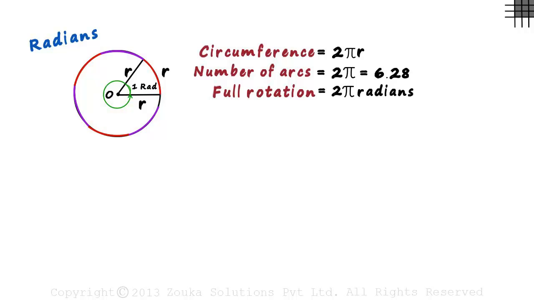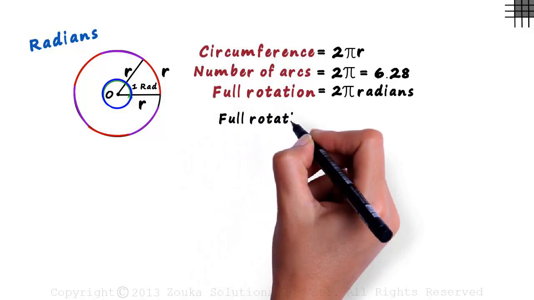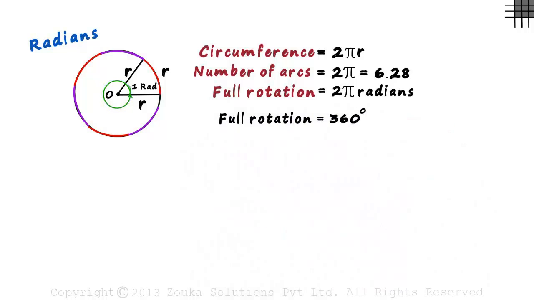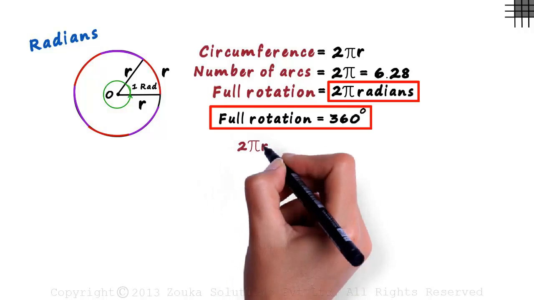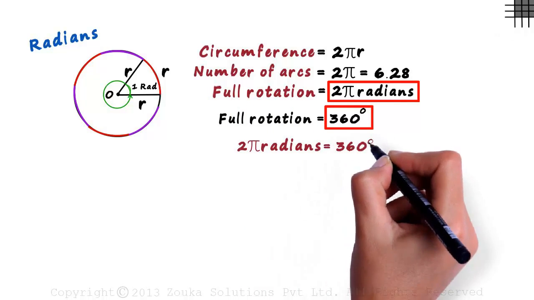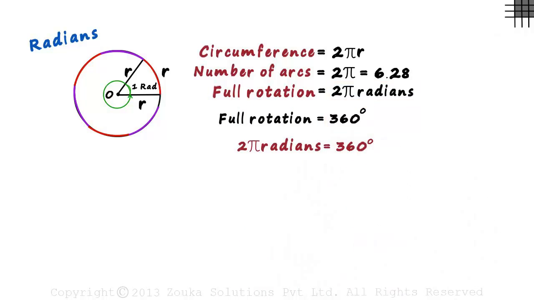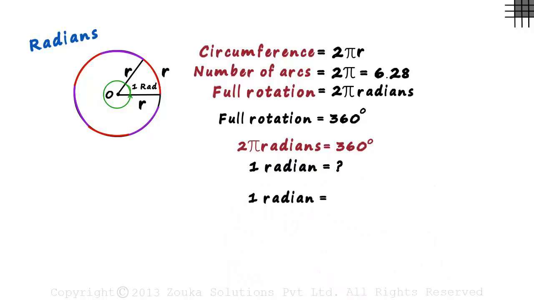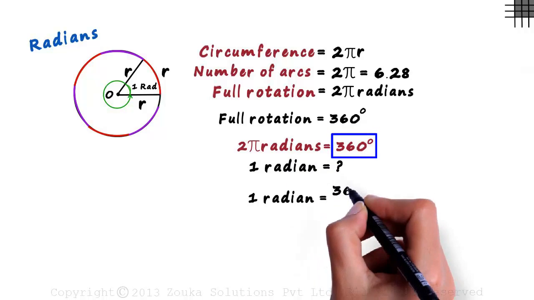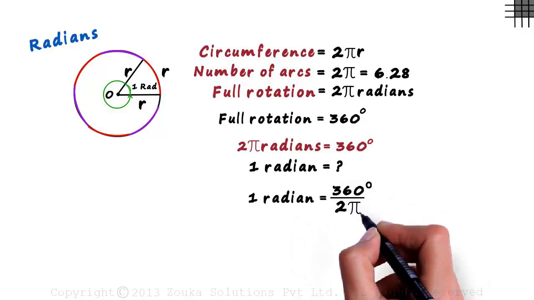But wait, we also know that one full rotation equals 360 degrees. From these two equations, we can say that 2 pi radians equals 360 degrees. Now it's very simple to express one in the form of another. If 2 pi radians equals 360 degrees, then 1 radian equals how many degrees? 1 radian will equal 360 degrees divided by 2 pi.